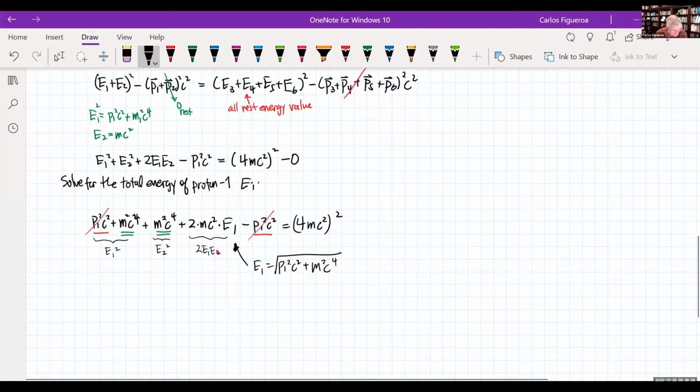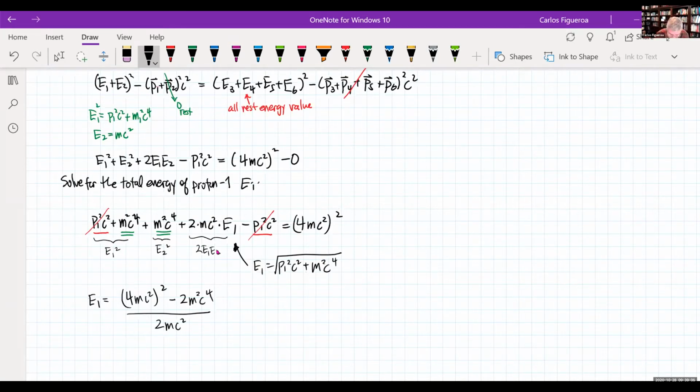The next thing I'm going to do is move everything to the right. Okay. So if I do that, I'm now going to solve for E1. So then I'm going to get E1. And in this case, I'm going to get 4mc squared squared. Then I get this term right here, which will be minus 2m squared c to the fourth. And then I got to divide this whole thing by 2mc squared.